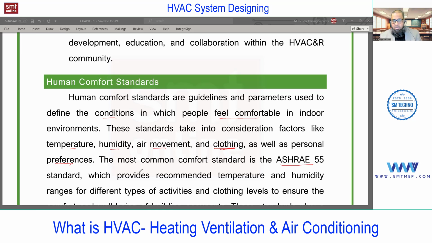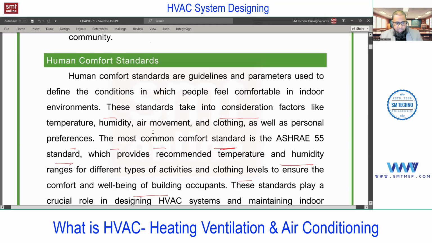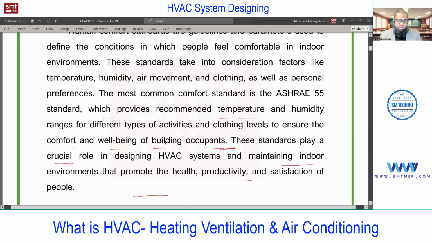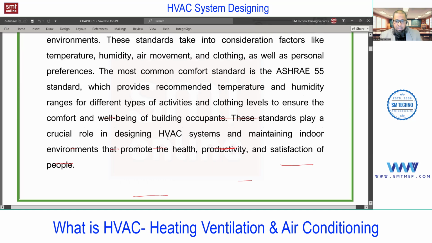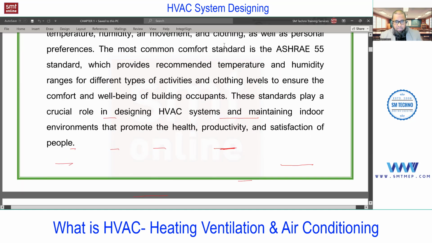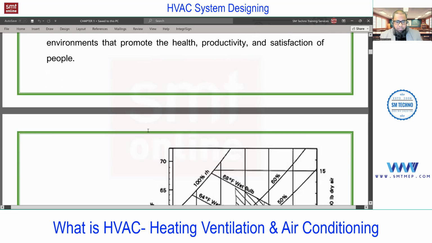But based on research and development from the societies, we have standards that we follow when designing for different applications, which provide recommended temperature and humidity ranges for different types of activity and clothing levels to ensure comfort for the building occupants. What are the conditions, or the parameters based on the research? You can find them in this table.